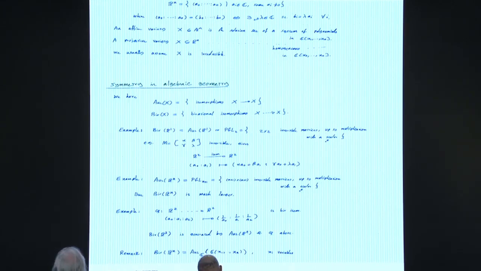And then we also have birational isomorphisms. These are analogs of bimeromorphic functions. So they are, strictly speaking, not even functions. They are not defined everywhere, but they have a birational inverse. So you see we have the same object, but two different symmetry groups. The automorphism group is naturally embedded into the birational group.